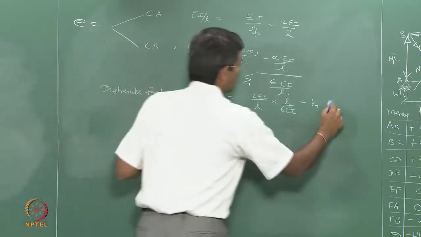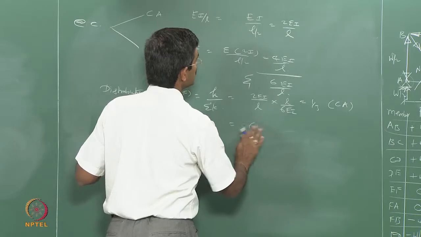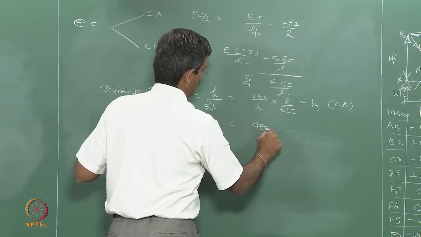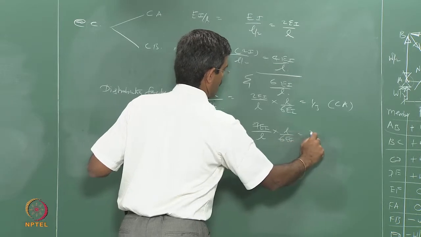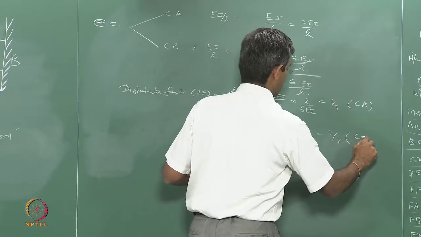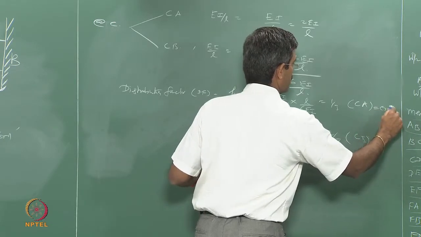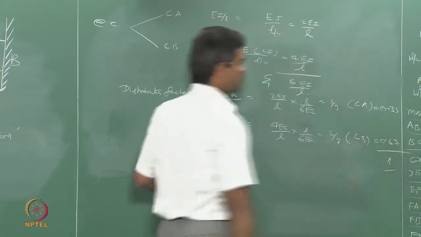That is for the member CA, and for the member CB it is 2 by 3. So it is 0.33 and 0.67. So the sum should always be 1.